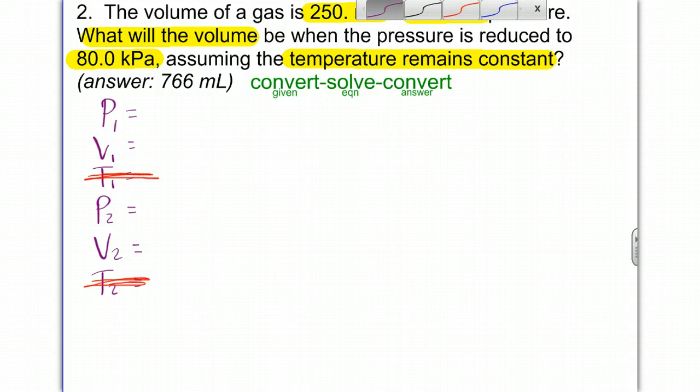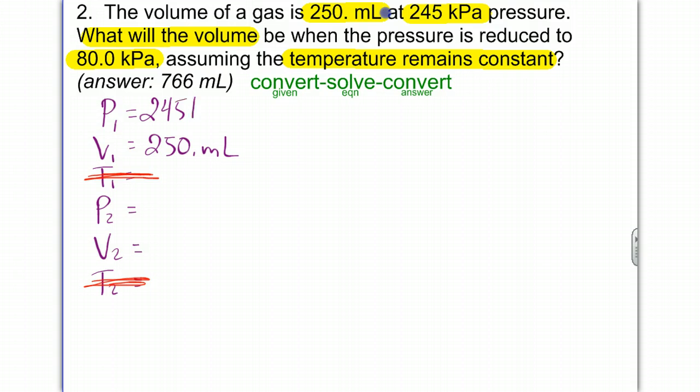We are given a first volume of 250 milliliters, a pressure of 245 kilopascals. What will be the new volume? They don't specify, so whatever my first volume is, that's what my second volume will be. And then they give me a second pressure of 80.0 kilopascals.